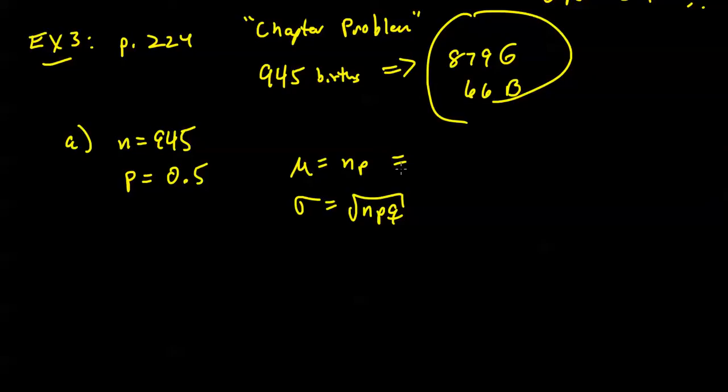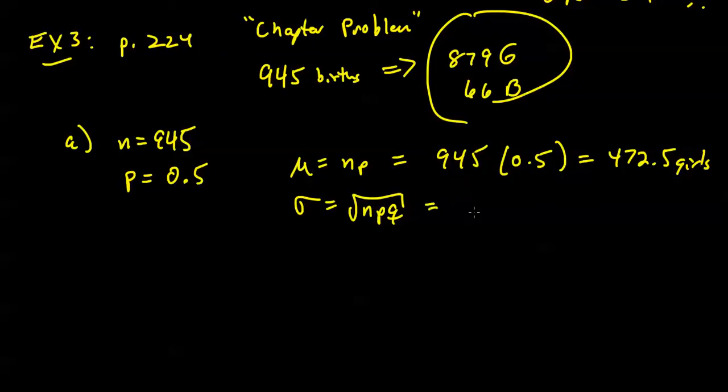Fixed number of trials, probability of success is constant in any trial, etc. So mu equals n times p, that's just 945 times 0.5, and that's going to be 472.5 girls. All right, that's our theoretical mean for number of girls in 945 births based on this criteria.